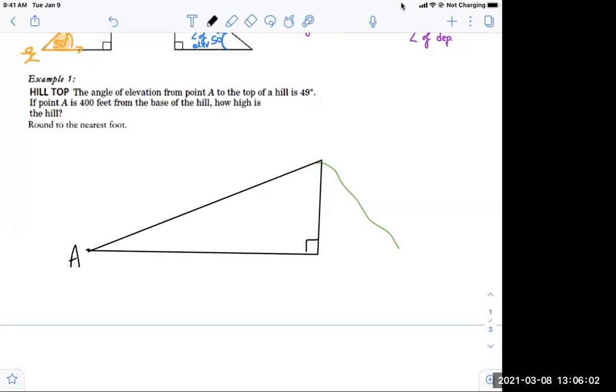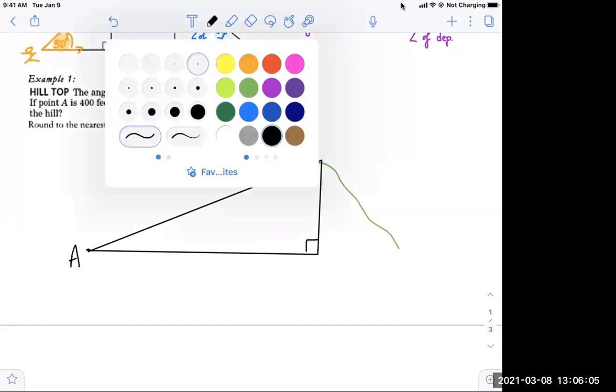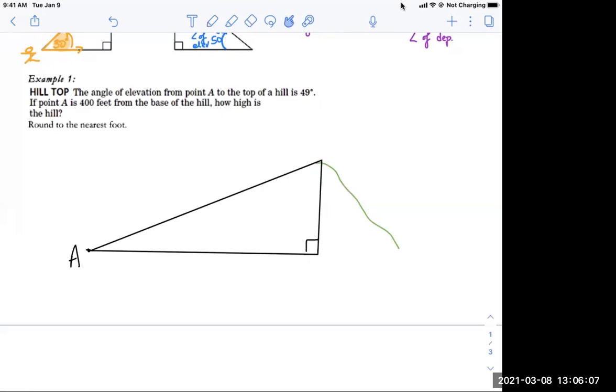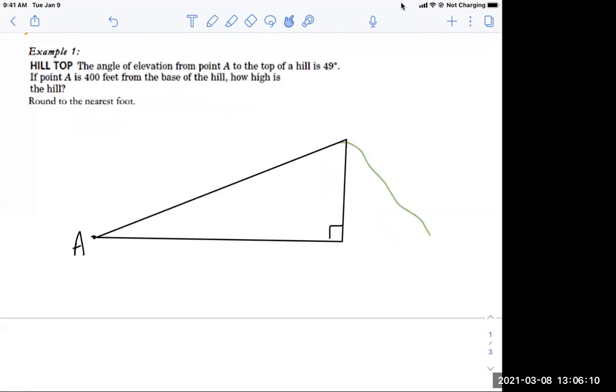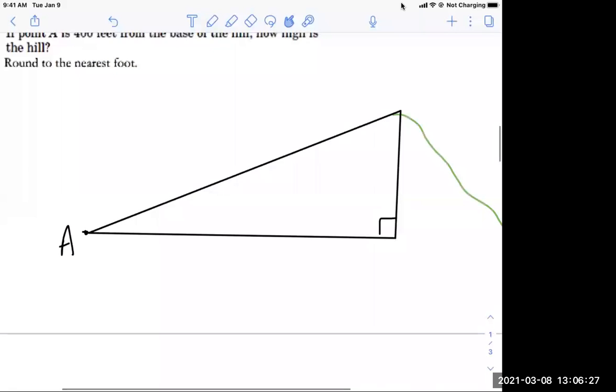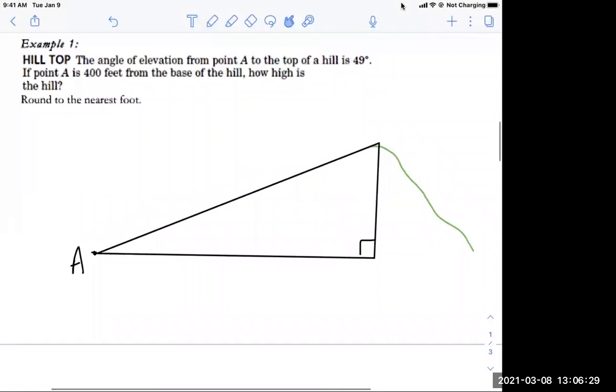So that 49 degrees goes where in the diagram? Andrew, where does the 49 degrees get placed? Would it be by the A? Yeah, down by the A. Yeah, 49 degrees would be the angle of elevation. So from the horizontal up is 49 degrees.